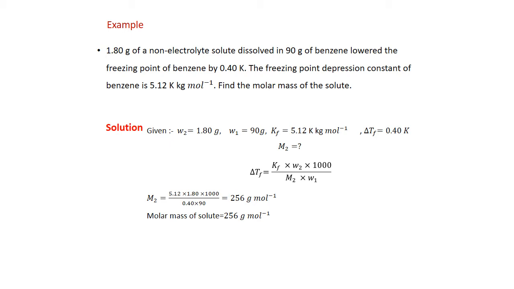So we know that in this numerical, W2 is given 1.80, W1 is 90 gram, Kf is 5.12 K kilogram per mole, and delta Tf is 0.40. Place all these values in delta Tf is equal to Kf into W2 into 1000 by M2 into W1. So we can calculate the value of molecular mass, equal to 256.